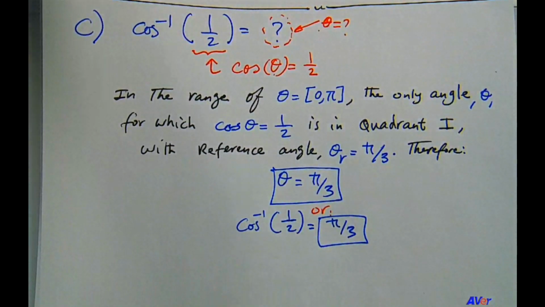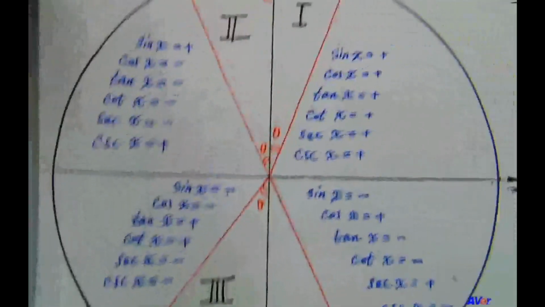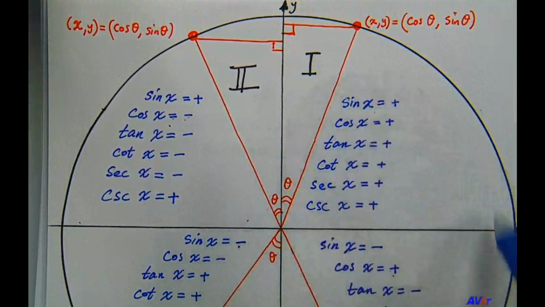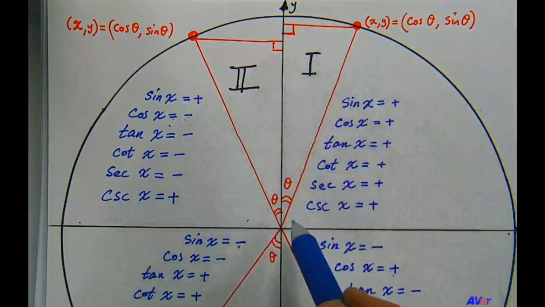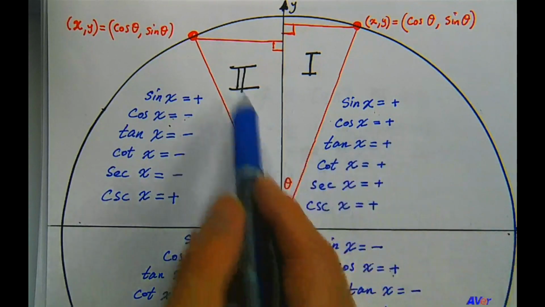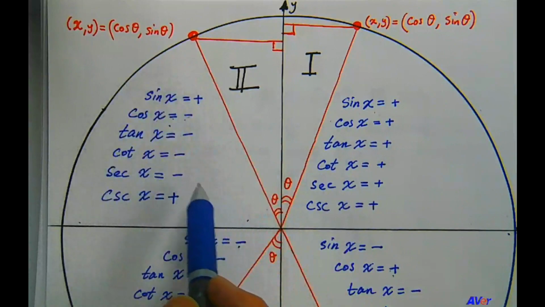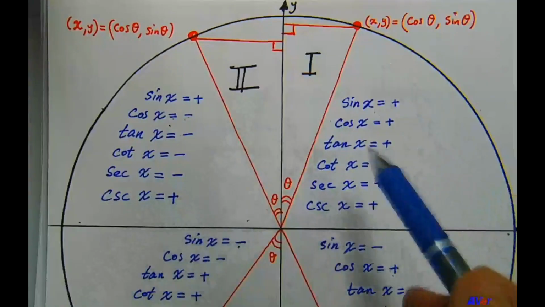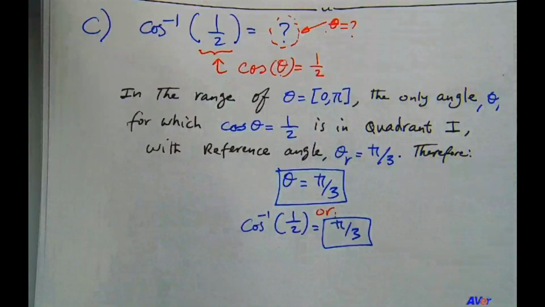One trivial thing that I haven't mentioned yet is that in the first quadrant, reference angles are equal to the actual angles that we have. In the other quadrants, that's not the case. But in the first quadrant, the reference angles are equal to the actual angles that we're calculating.